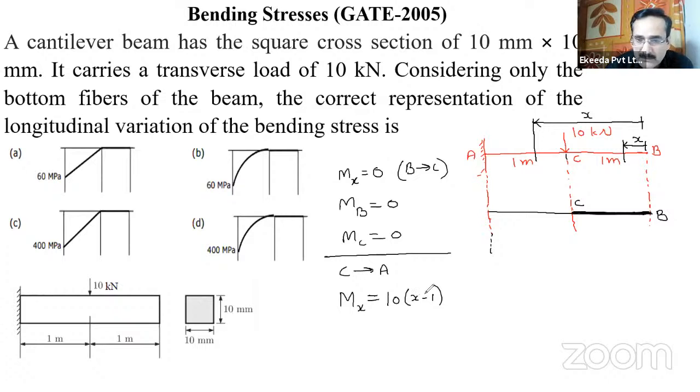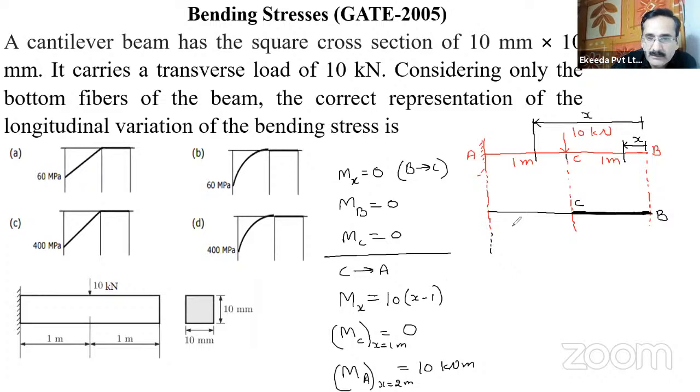And this is a linear variation. So at C point, where x is equal to 1 meter, put x equal to 1 meter, so MC will be equal to 0. And at A point, where x is equal to 2 meters, put x equal to 2 meters, you will get M equal to 10 kilonewton meter. And the variation is linear, like this, right?